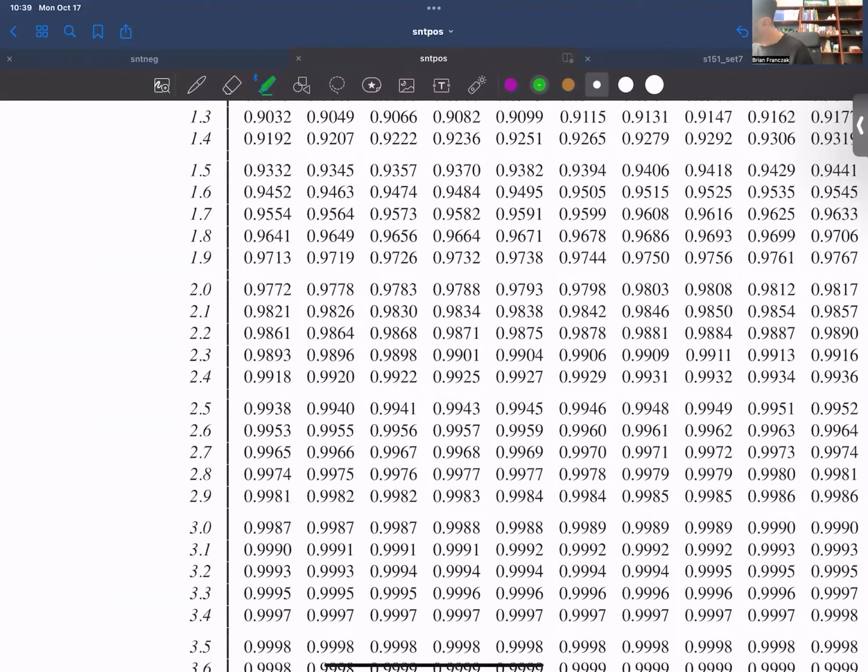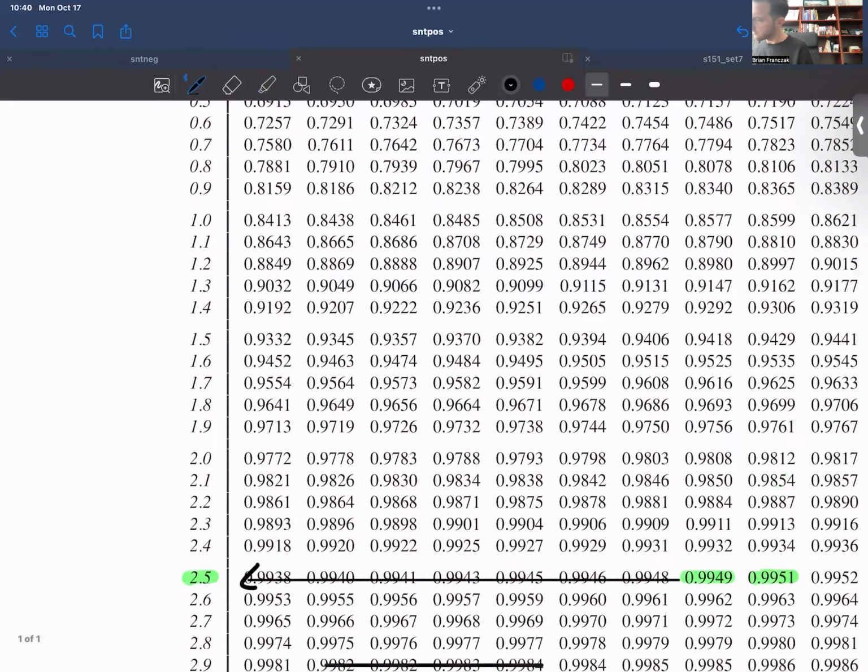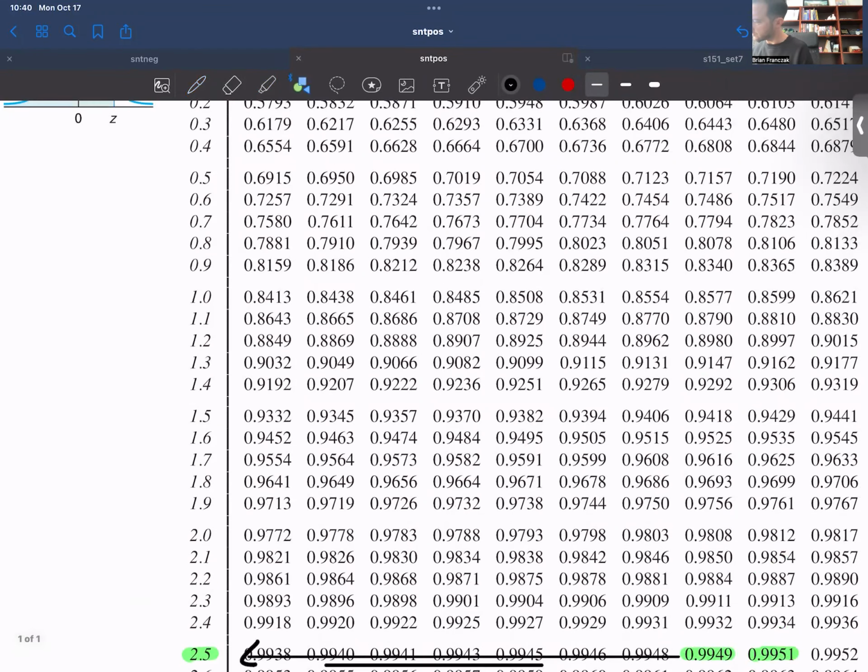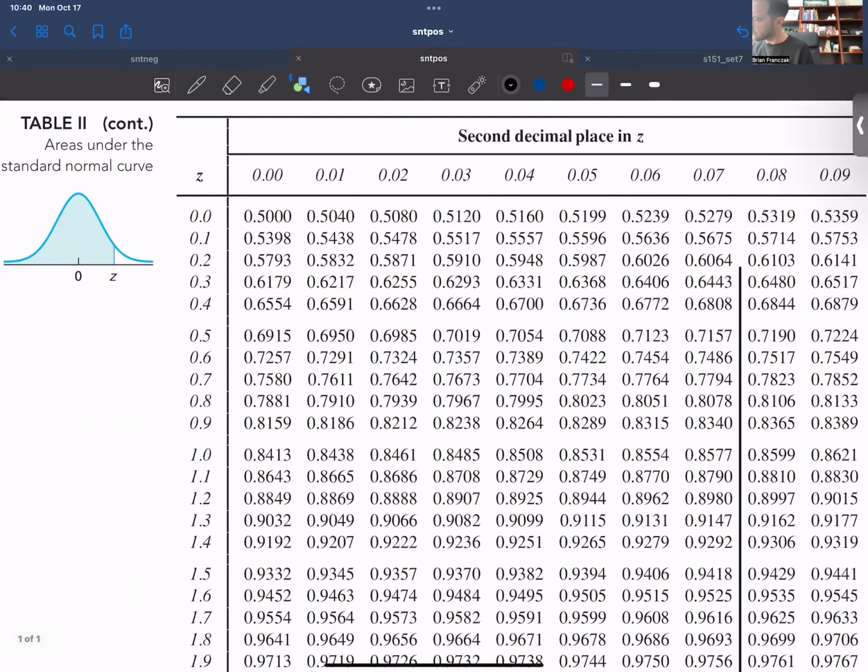So you can see 0.995 is directly in between these two quantities here. So this is an example again of a 3-digit z-score where we are able to round. So we are taking the average of 2.57 and 2.58.